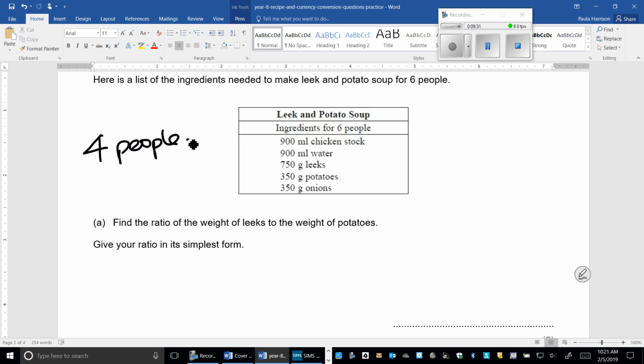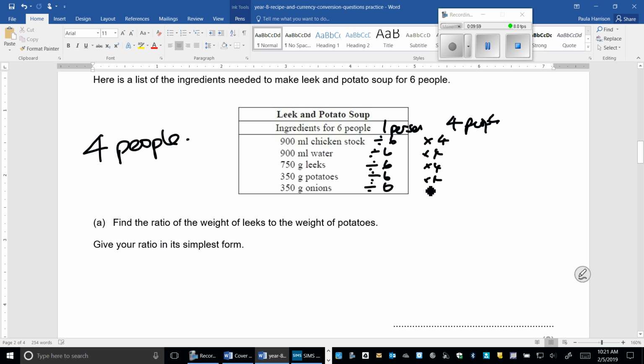So, who said divide by 6? For 1, sorry. So if we divide all of these by 6, that gives us 1 person. If we were then wanting 4 people, what would we do with these numbers? We would then multiply those answers by 4.